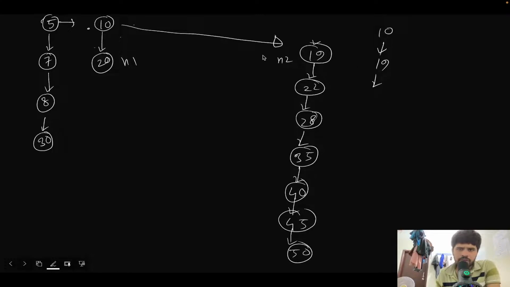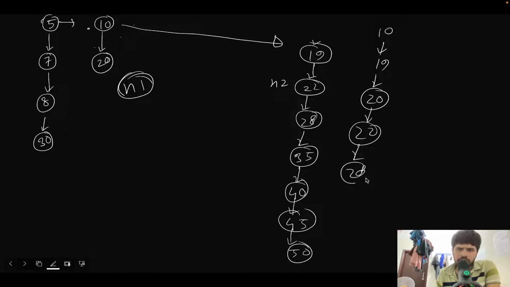Then at the bottom let's move n2, the minimum is n1, so let's take 20. Now we see that n1 points to null. If n1 points to null, we'll just add n2 to the bottom. If we add n2, the entire linked list will be added. Then 35, 45 and 50.